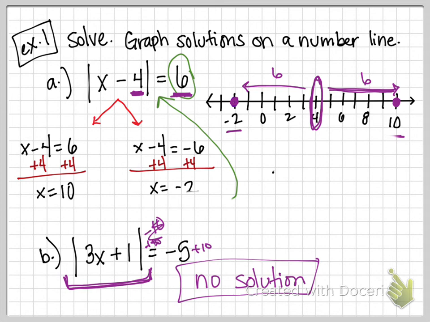Can I keep solving? I'm just having a little bit of trouble because on the last one it equaled -6 to get x equals -2. But this one also has it equaling -5, but it's no solution. Correct.